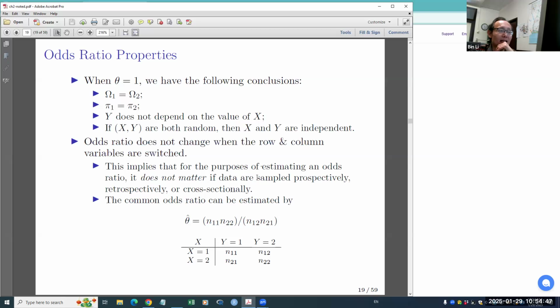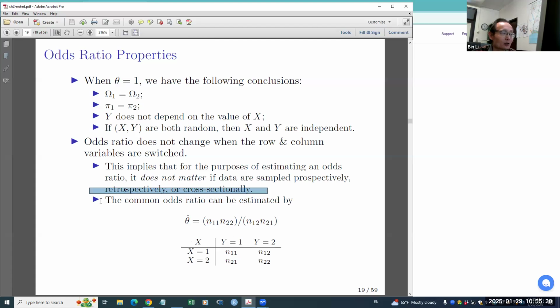If the data are sampled prospectively, retrospectively, or cross-sectionally, we can always estimate the odds ratio, but not necessarily the relative risk and the difference of proportions. So that's a great feature of the odds ratio. It can be estimated by switching the x and y.